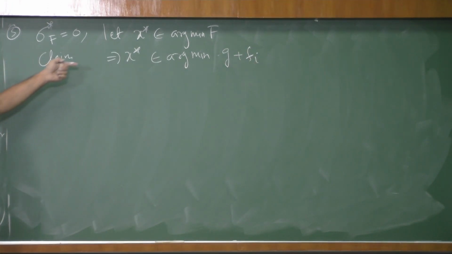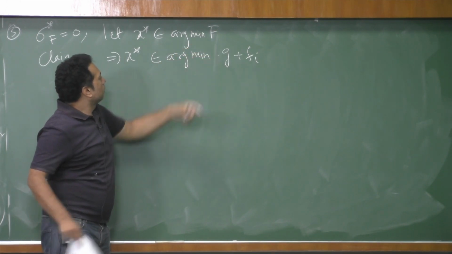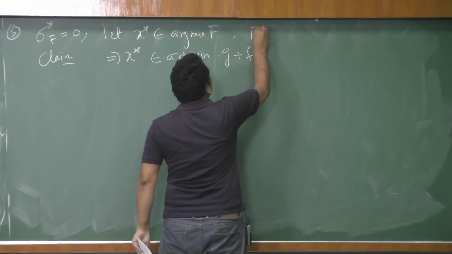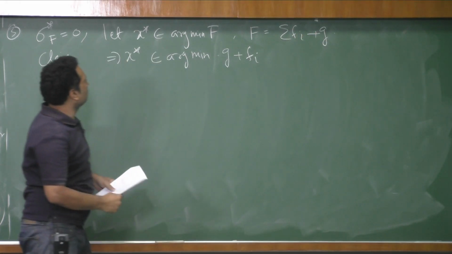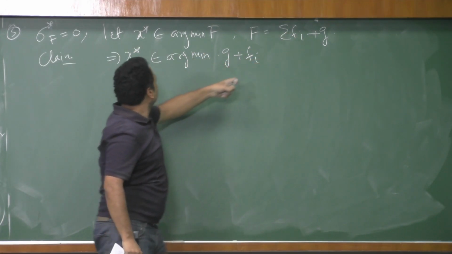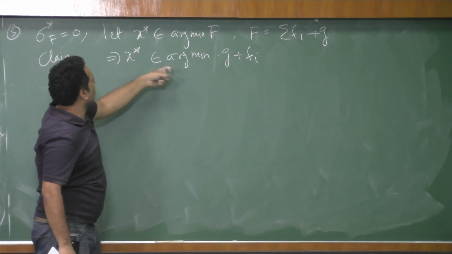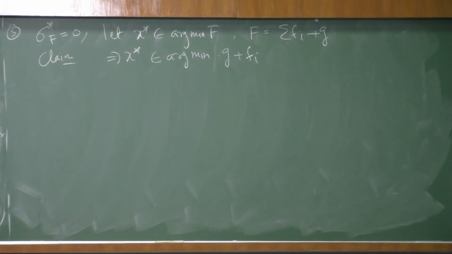So f was the sum of f_i plus g, right? What we are saying is that if x* is a minimizer of this, then x* is a minimizer of g plus f_i. Now the sum is removed, and this is happening because this guy is letting us make these arguments.